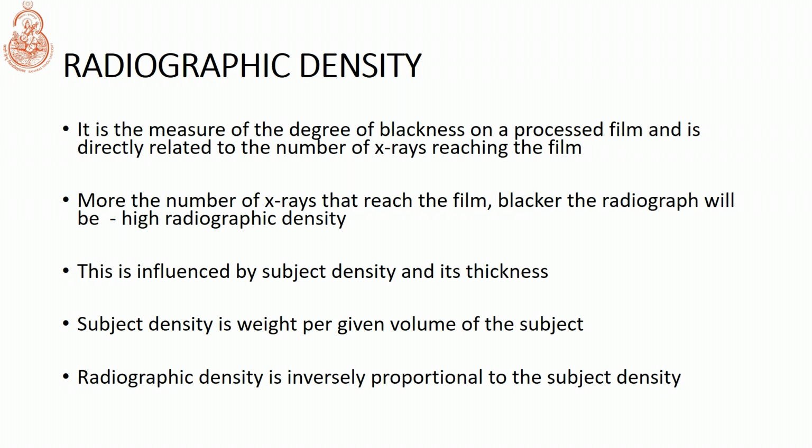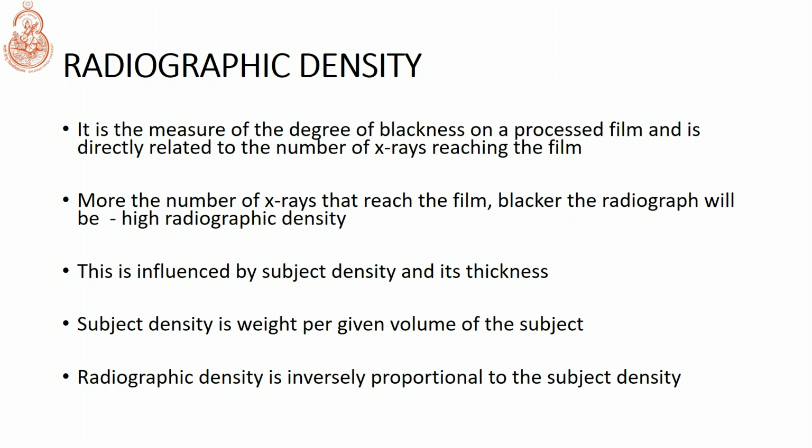The next parameter is the radiographic density. What do you mean by radiographic density? It is the measure of the degree of blackness on a processed film and is directly related to the number of X-rays reaching the film.